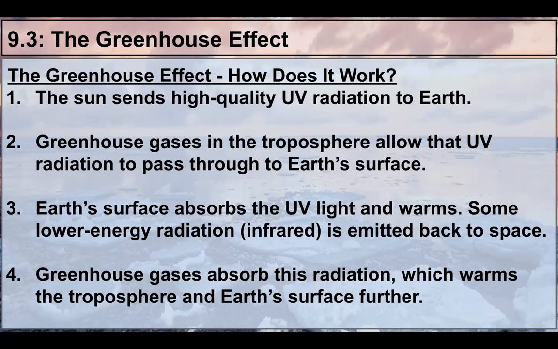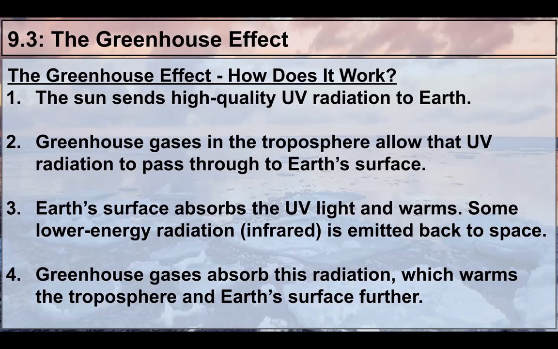And some lower energy radiation, so no longer UV, but infrared, some of that will get emitted back out of the surface of the Earth into the atmosphere, and it would otherwise go out into space, but some gases in the atmosphere will actually absorb that infrared radiation that is coming back, okay?